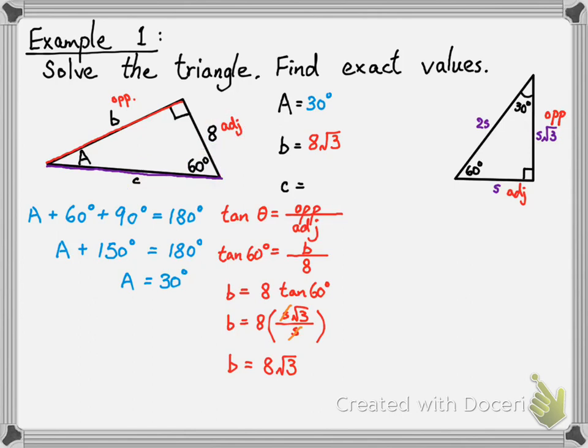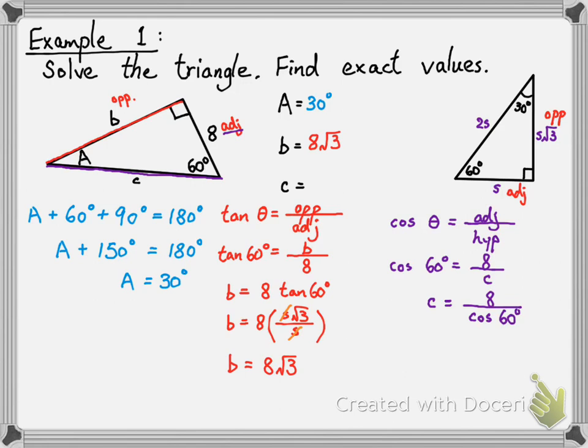Let's recall, cosine theta equals adjacent over hypotenuse. In this case, cosine of 60 degrees, the adjacent side is 8, and the hypotenuse side is C. To solve for C, we can cross multiply, and we find that C equals 8 over cosine of 60 degrees.